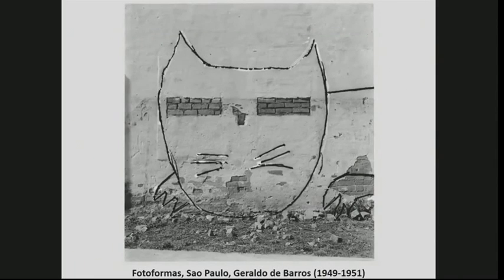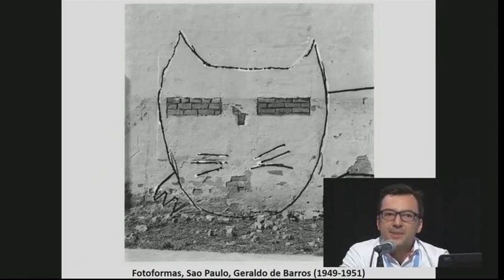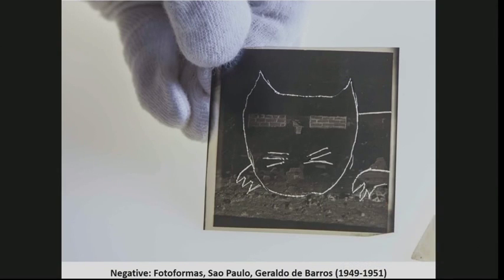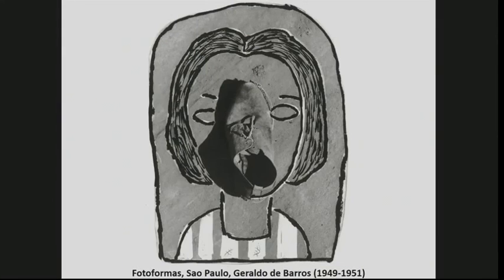Even more, he started to do lots of experiments in his Fotoformas, developing the photos and then scratching and drawing on the film in a similar way that McLaren did for his film Blinkity Blank, right? A Canadian example. This is one of my favorite examples. You can see the shoe is a photographic picture, and then later on he was able to scratch and draw on top of it.